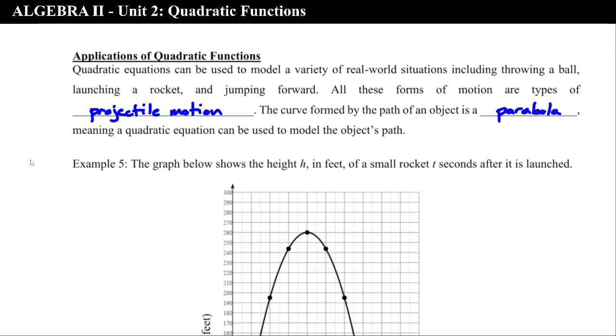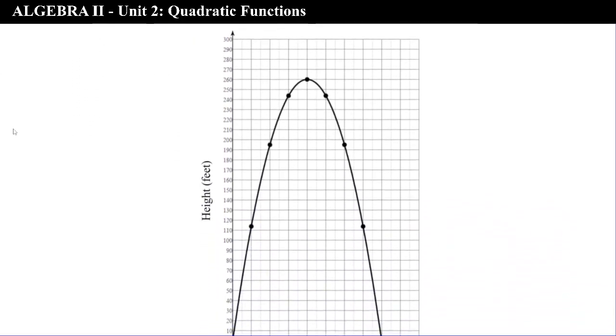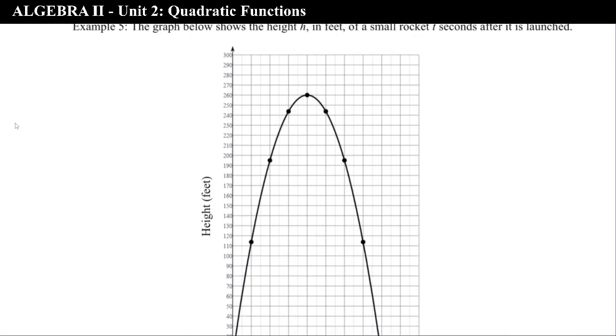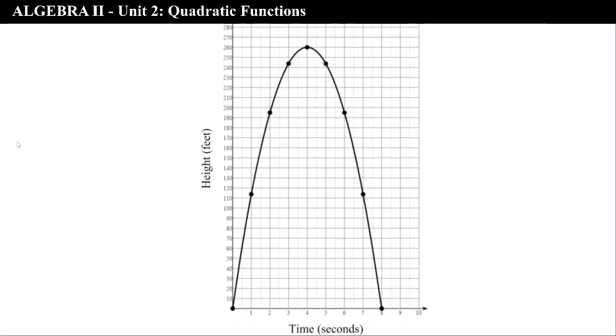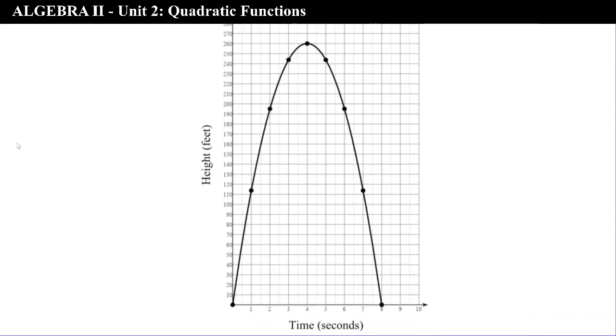Okay, so since the object's path is a parabola, that means we can use a quadratic equation to model that object's path. So here I've given you an example of a small rocket being launched, and on the y-axis is height, on the x-axis is time.